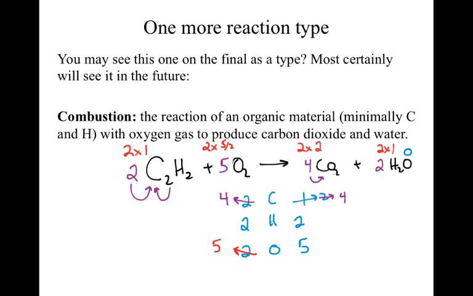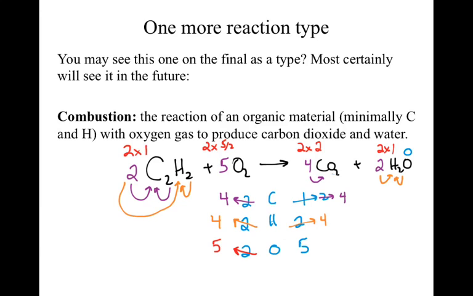If we take a look at my hydrogen, I've got a 2 for a coefficient applying all the way through to it, and a subscript, so I have 4 hydrogens on the reactant side. On the product side, I have a coefficient and a subscript, and I also have 4. This is looking pretty awesome.